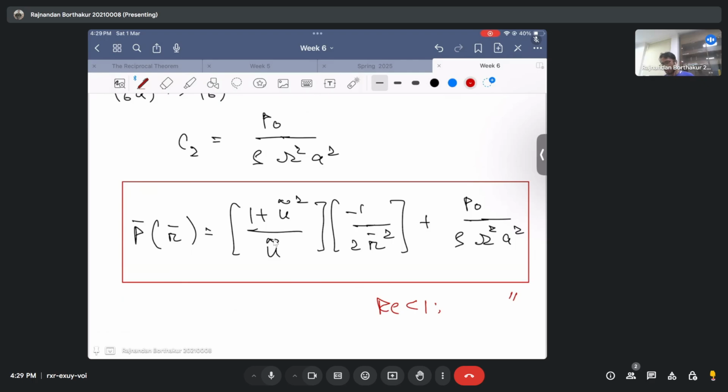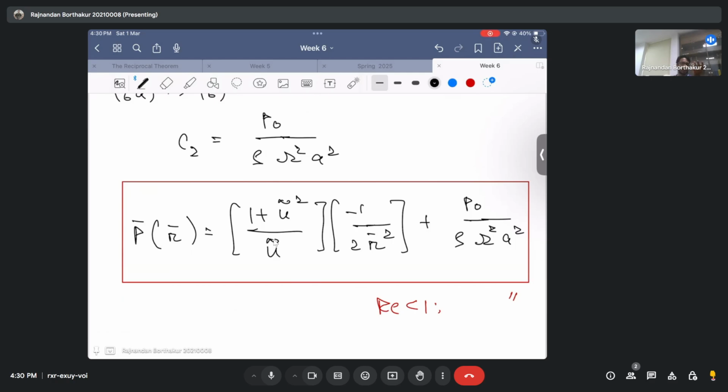For Reynolds number greater than 1, the boundary conditions that we just took are not sufficient to give us unique solutions in this exercise. A stronger boundary condition in this scenario is circulation. If you say that circulation is constant, then you can get an analytical solution up to Reynolds number equal to 2, that is, Reynolds number less than 2.